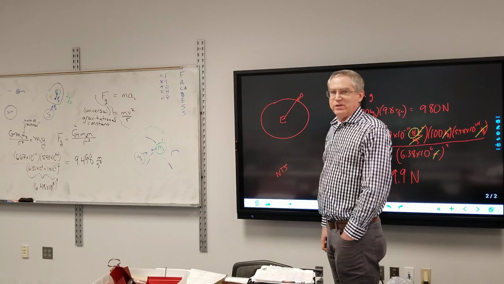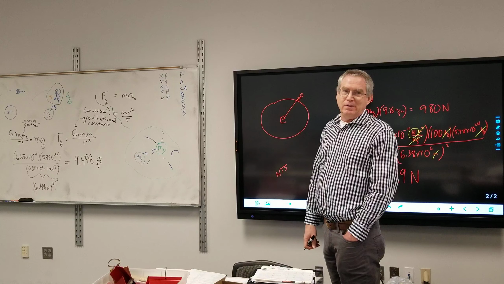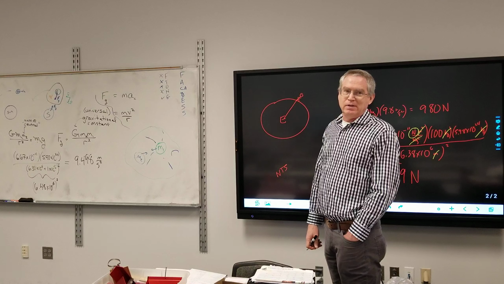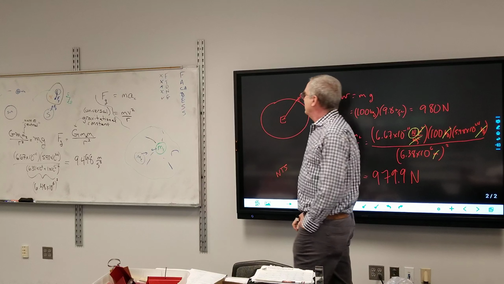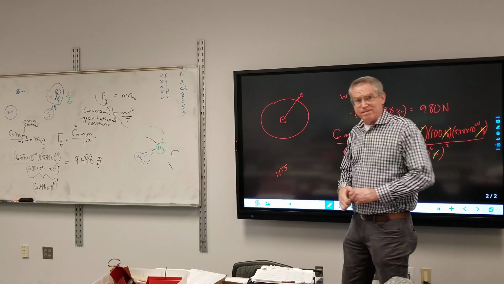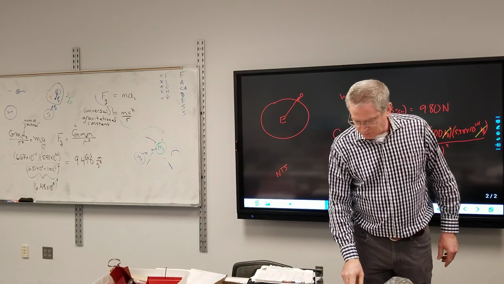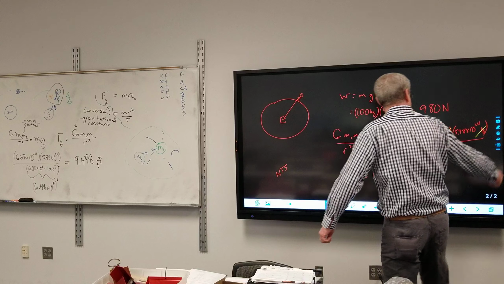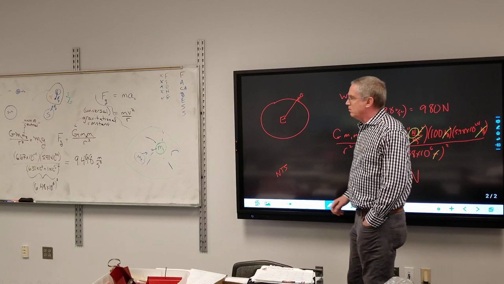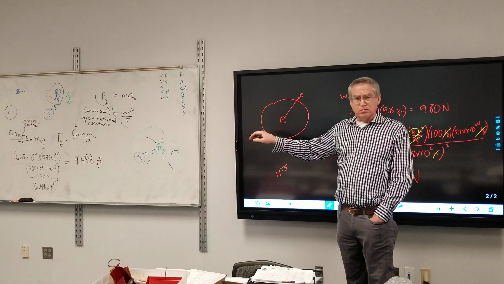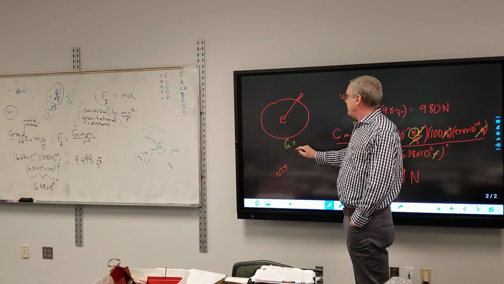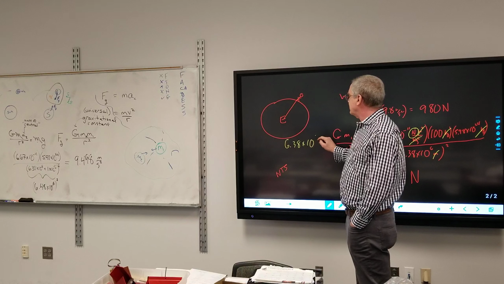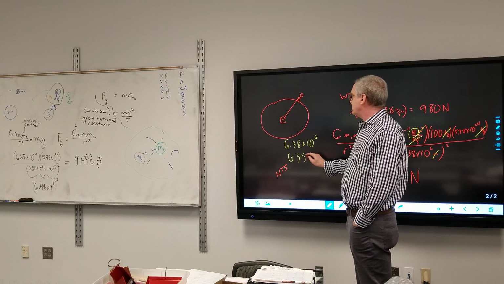I have a question. Yes. How did you get the 6.38 times 10 to the 6th plus 1 times 10 to the 5th to turn into the 6.48 times 10 to the 6th? You understand why I'm adding those? I understand why you're adding. Okay. 6.38 times 10 to the 6th, that's 638.